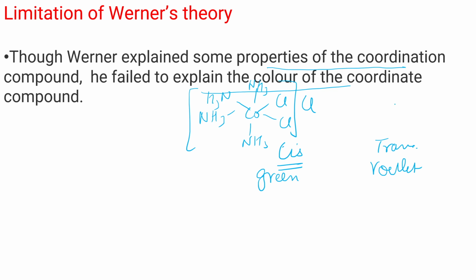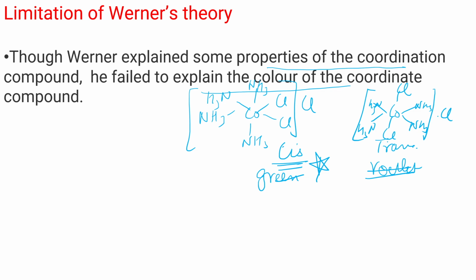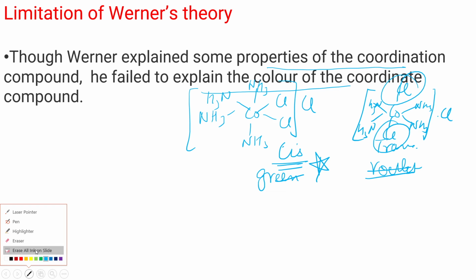Violet was the one where chloride was present in the trans manner. He couldn't explain why this is the color for this compound and this is the color for this compound, even though the composition is the same, but due to the binding fashion. That will be satisfied with another theory that will be explained later. So this was one of the limitations of the Werner theory.